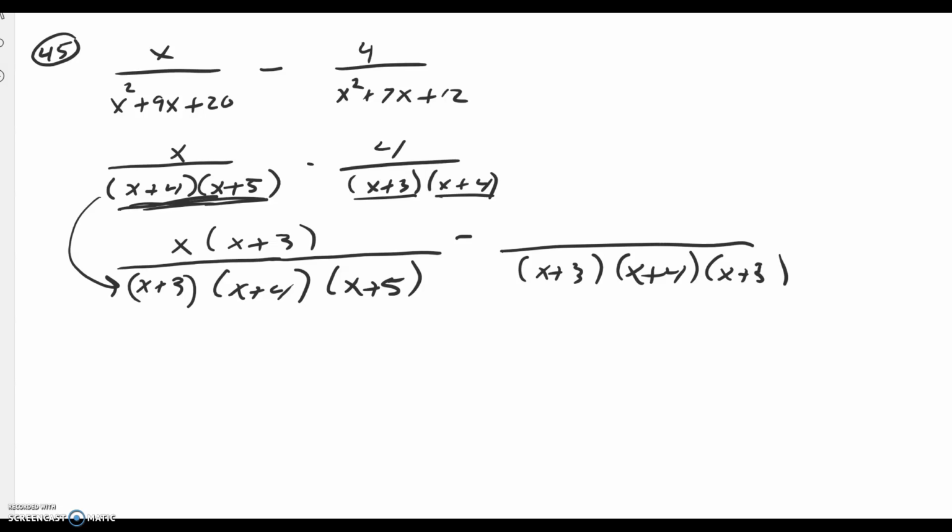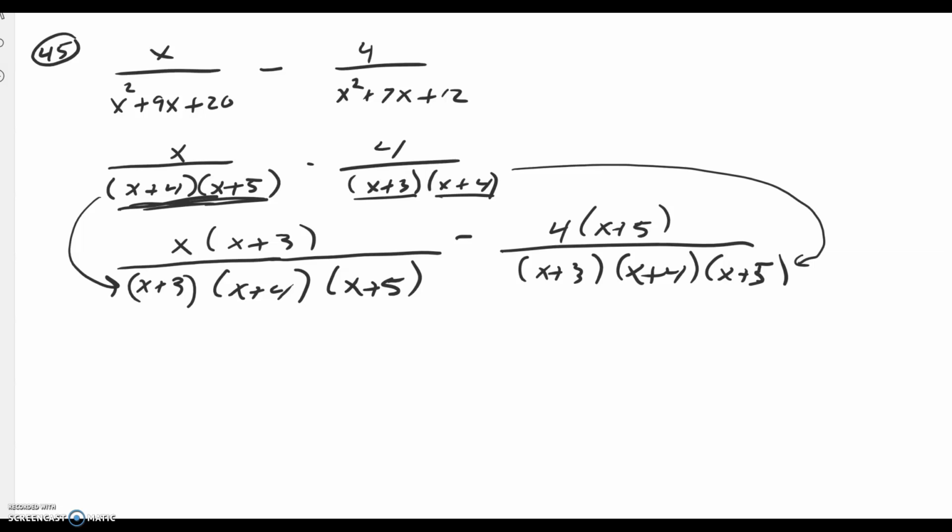Here, what seems to be missing is the x plus... Something is wrong with my work. We have an x plus 3, an x plus 4, and an x plus 5, and my 5 does not look like a 5 to me, so I apologize for that messiness. So what we're missing is an x plus 5. You must multiply this denominator by x plus 5 to get to this one.